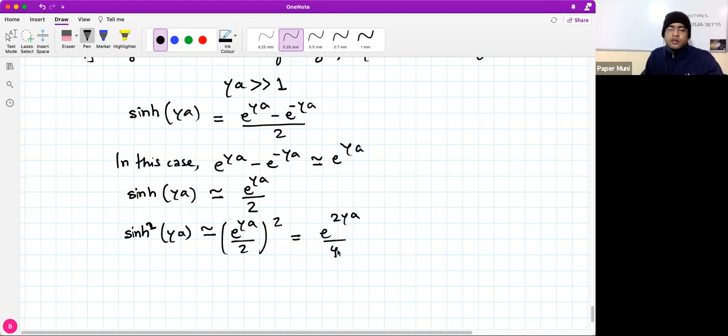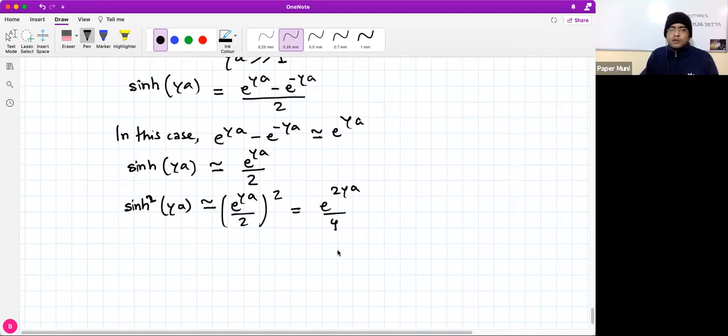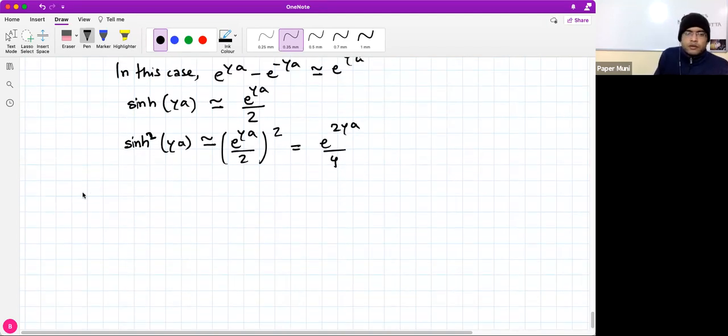All right, so this is the approximation we are doing, and let's substitute this in the formula for the transmission coefficient. So what will we get?